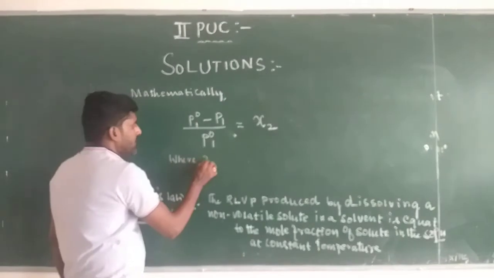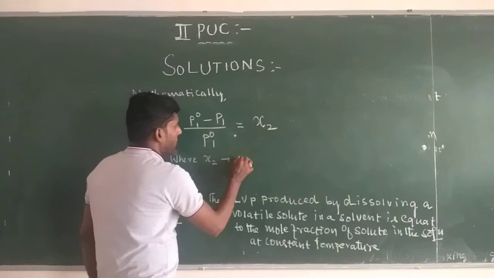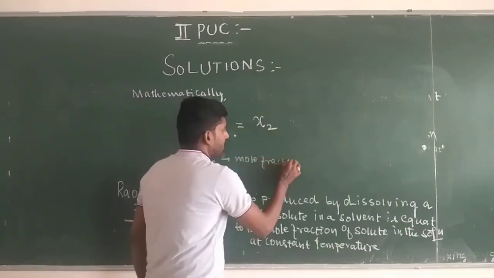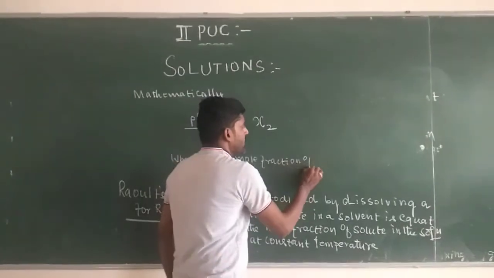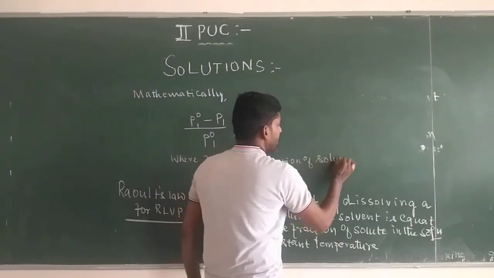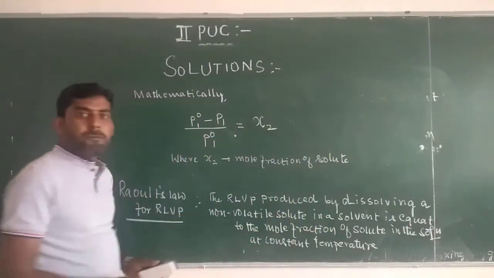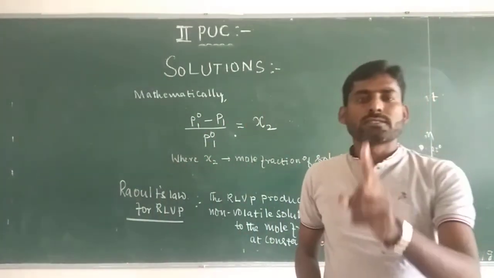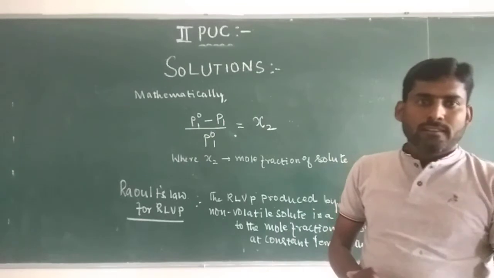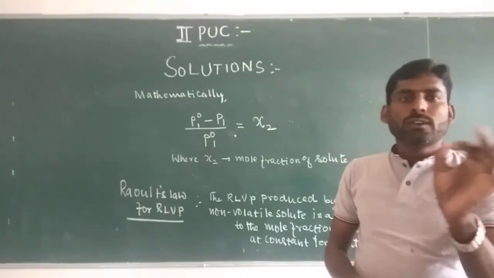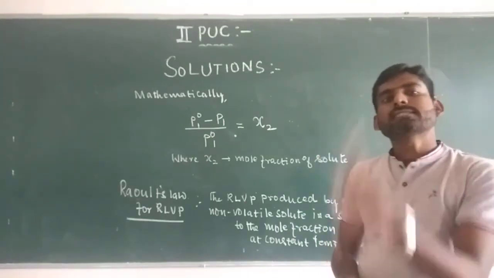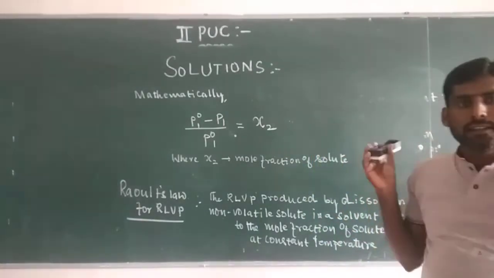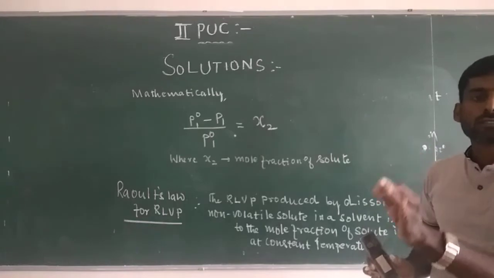Here X2 is the mole fraction of solute in the solution. Mole fraction can be defined as the ratio of the number of moles of a particular component to the total number of moles of solution.